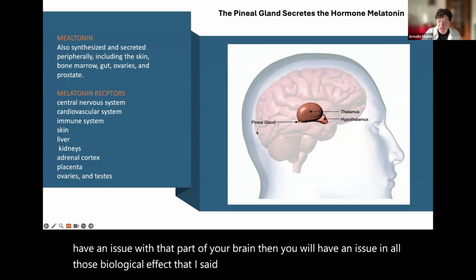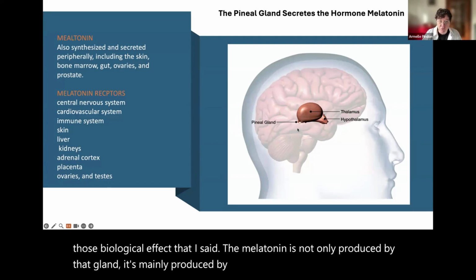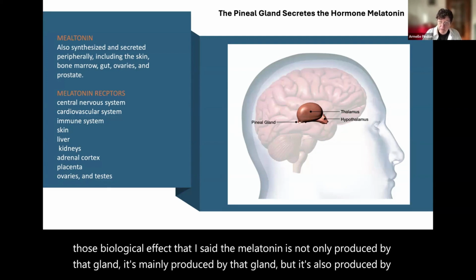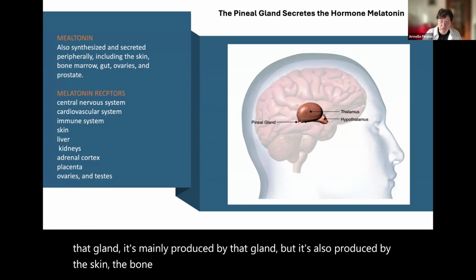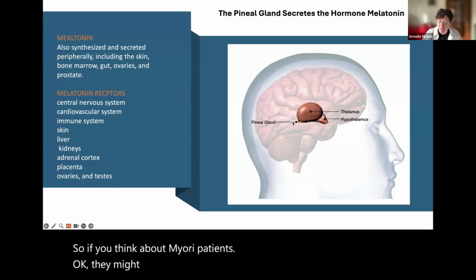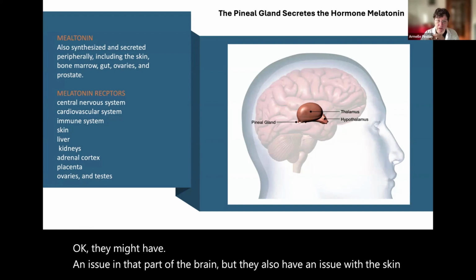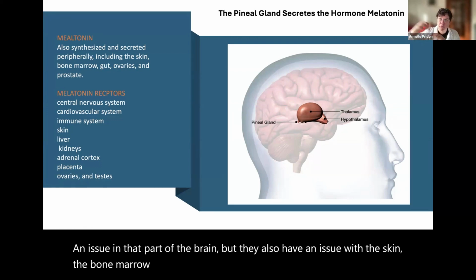The melatonin is not only produced by that gland. It's mainly produced by that gland, but it's also produced by the skin, the bone marrow, the gut, the ovaries, and the prostate. So if you think about Myhre patients, they might have an issue in that part of the brain, but they also have an issue with the skin, the end of the bone, sorry, remove the bone marrow.